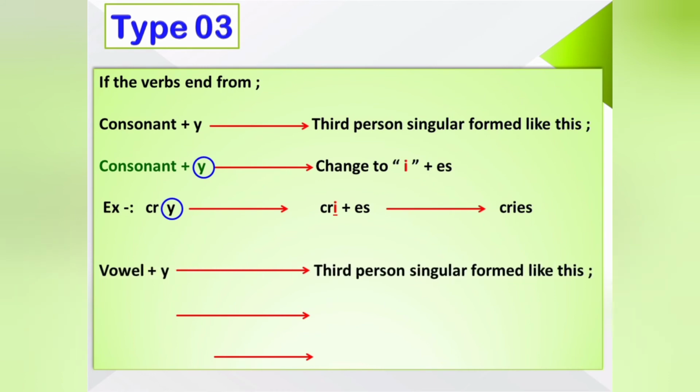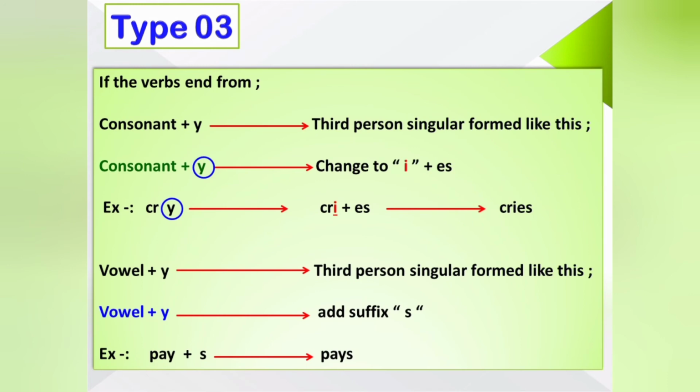If the verb ends with vowel plus y, the third person singular is formed like this. Vowel plus y, you have just to add suffix s. Thus, you should not cut the y, you have just to add the suffix s. Look at this example. Pay.